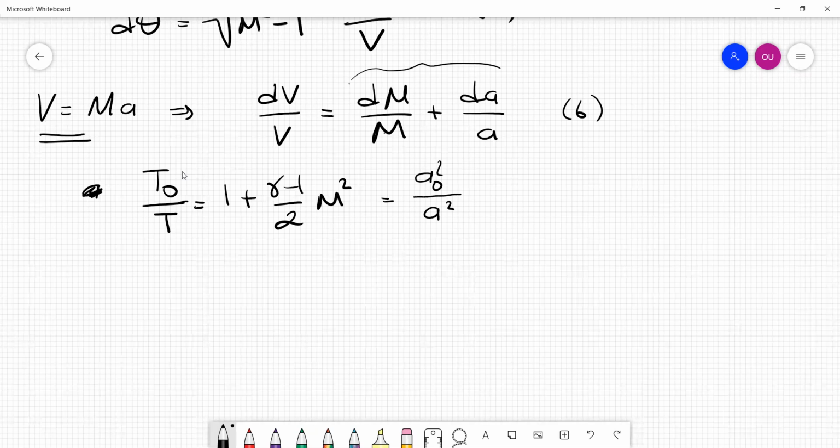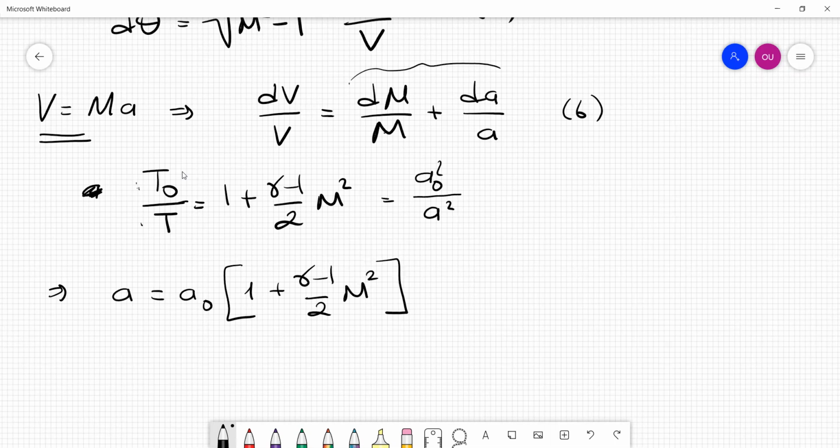The only thing you need to do is multiply both sides by gamma R, so it becomes a0 squared times gamma R, divided by gamma R times a squared. It's the same equation. So we got a relation relating a to a0, which is a over a0 equal to 1 plus gamma minus 1 over 2 M squared to the power minus 1 over 2.